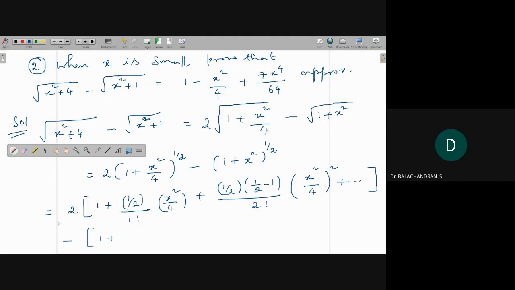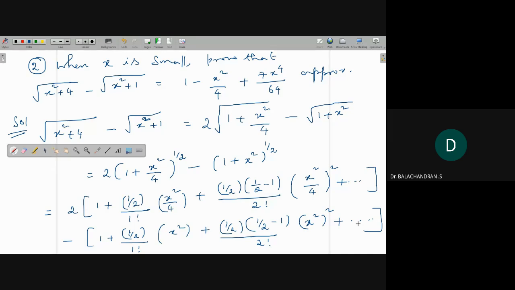N is 1 by 2. 1 by 2 divided by 1 factorial into x square power 1 plus 1 by 2 into 1 by 2 minus 1 divided by 2 factorial into x square whole square. So maximum power is x power 4. I'll stop here, plus and so on.